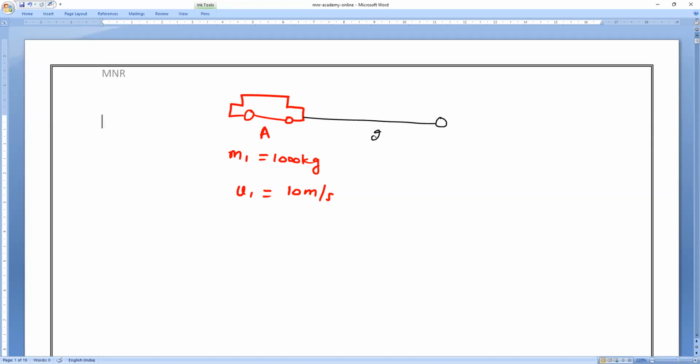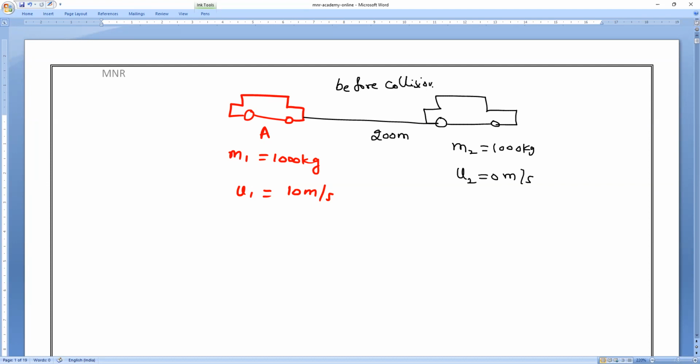Now, after 200 meters, there is a car B, which is initially at rest. Its mass M2 is also 1000 kg. Initially, what is the velocity? 0. This is before collision.